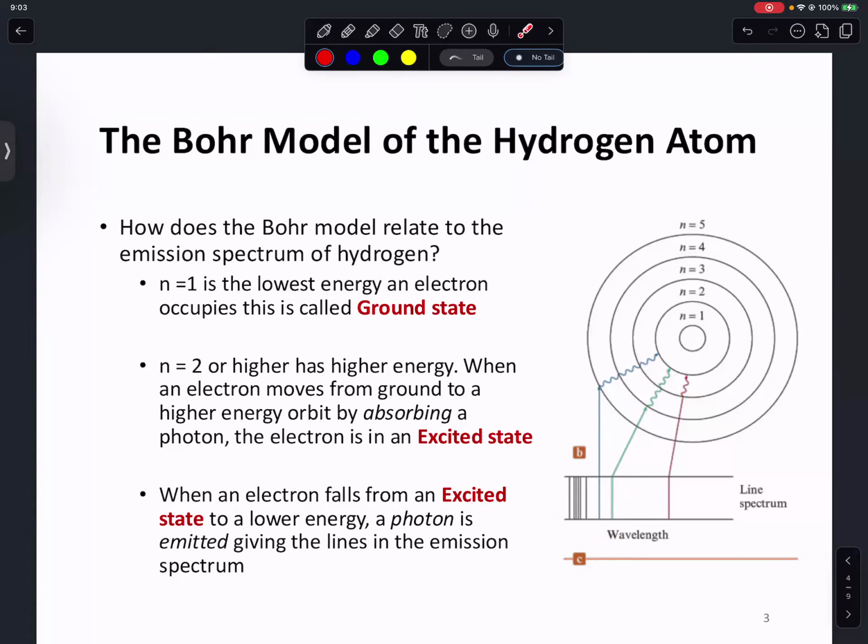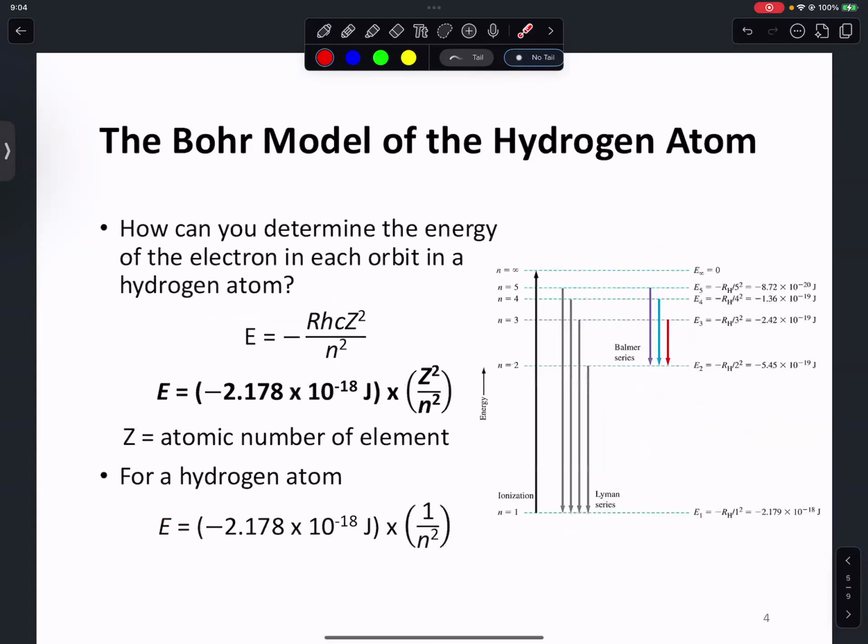Depending on the energy level, for example from 5 to 1, or 3 to 1, or from 2 to 1, it actually emits a photon, and this photon has a specific wavelength that corresponds to different lines or different colors of lines in the emission spectra, which is very cool.